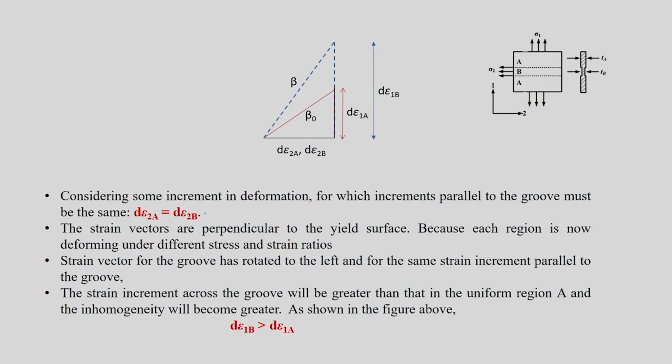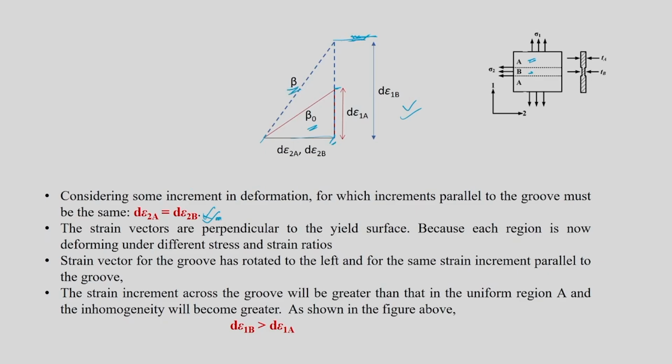In this situation, I am going to draw a vector diagram like this. I am going to say that d epsilon 2a and d epsilon 2b are represented by this length, and sigma 1a is represented by this, and sigma 1b is represented by this. Your A region is characterized by beta naught because of alpha naught, and your B region is characterized by beta corresponding to alpha.